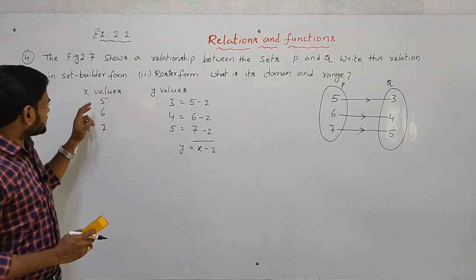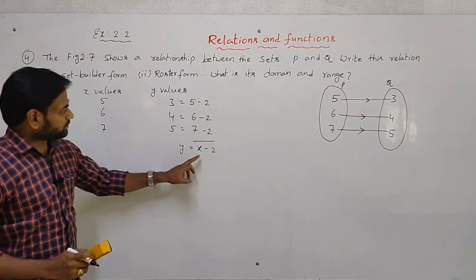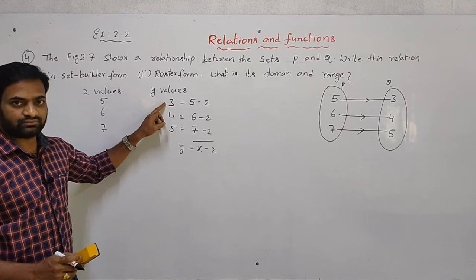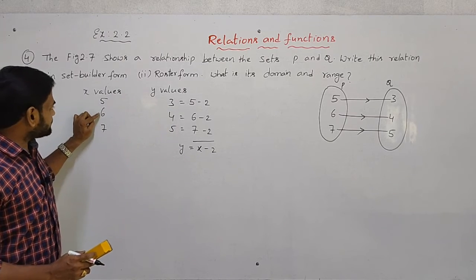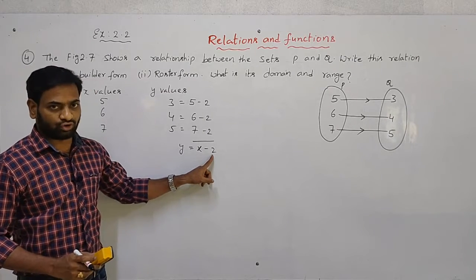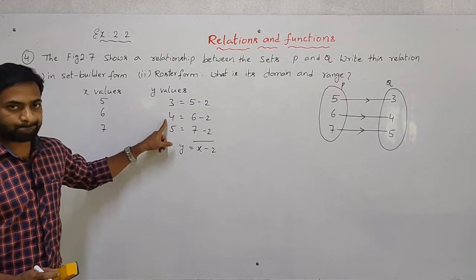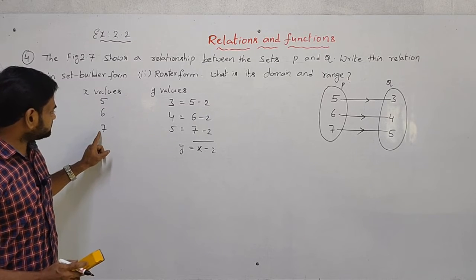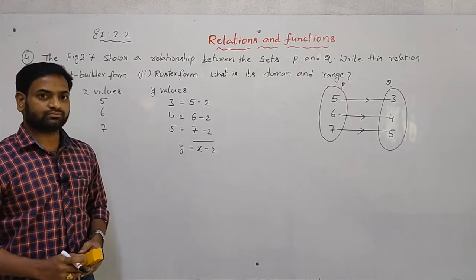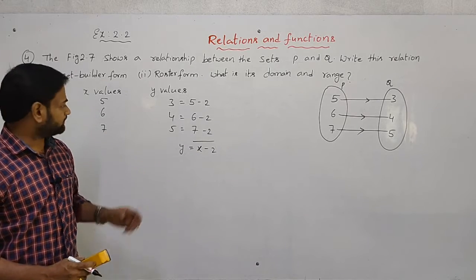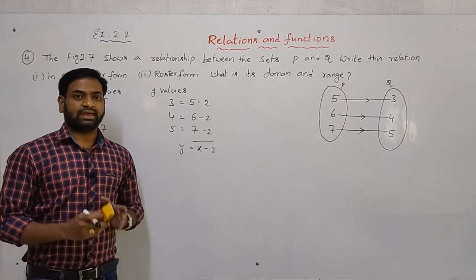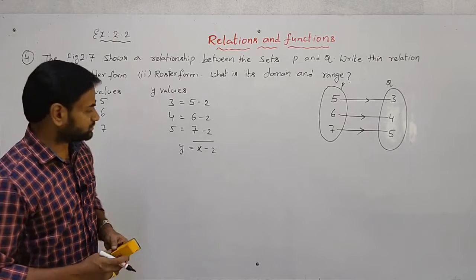See here, suppose x value is 5, 5 minus 2 is 3, that is the first value. If x value is 6, 6 minus 2 is 4. Suppose x value is 7, 7 minus 2 is 5, that is the y value. So that is the relation between x values and y values.